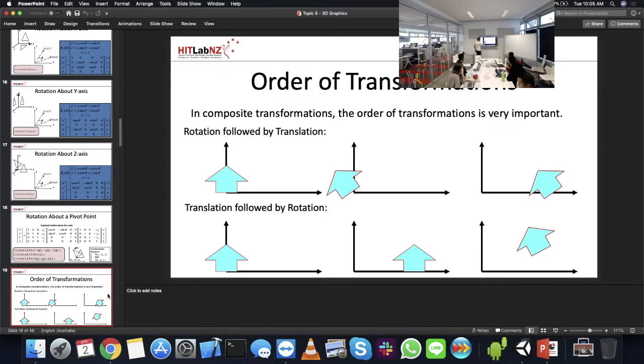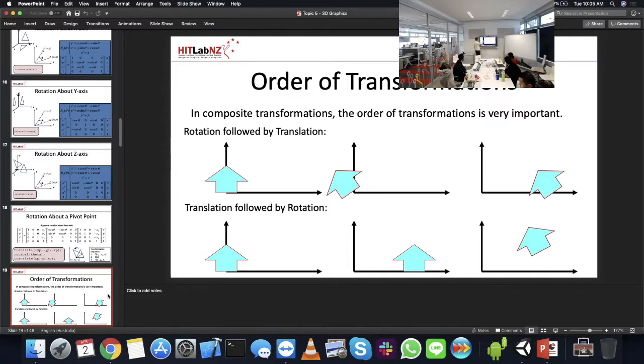So we're taking the arrow and rotating it 30 degrees counterclockwise, and then we're doing a translation by let's say 3 units in the x dimension. And this has the exact same operation, so we're translating it by 3 in the x direction, and then we're doing a rotation of 30 degrees counterclockwise.